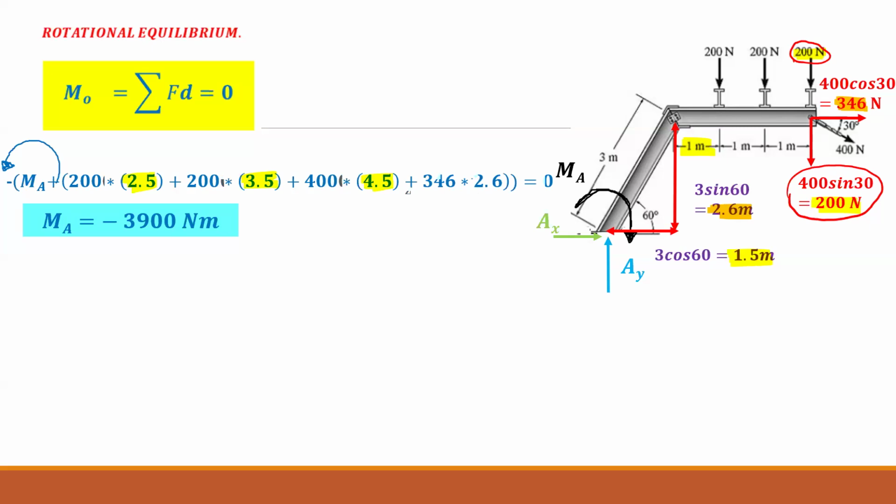Okay, so Aiden got 3,900 as well. So Phil, will you just check again, please? Do you still get a different answer?